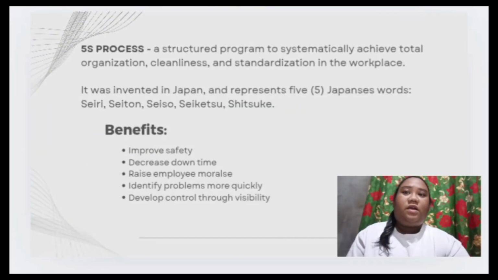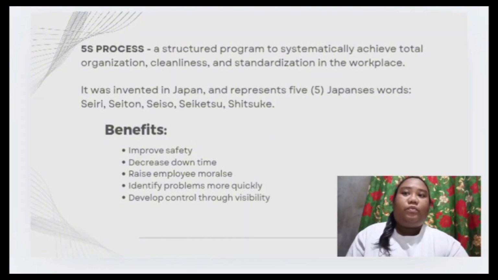The 5S process is a workplace method designed to make everything clean, organized, and easy to maintain. It was created in Japan and is based on five Japanese words: Seiri, Seiton, Seiso, Seiketsu, and Shitsuke.